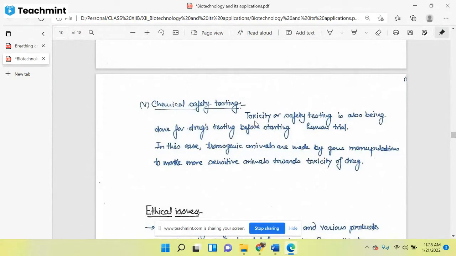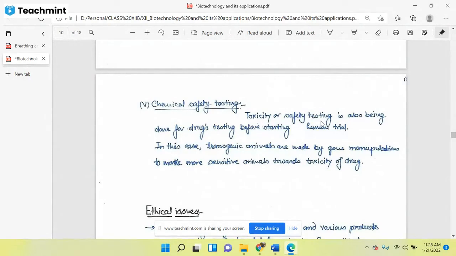So we can make a transgenic animal for the human being and assess its toxicity. After a certain dose, if the animal is dying, it means that within that dose the person may die. So for the adjustment of the amount, the dose, and the days, we can use transgenic animals. Here we are doing chemical safety testing with transgenic animals.